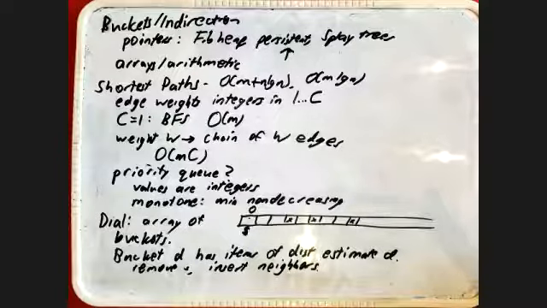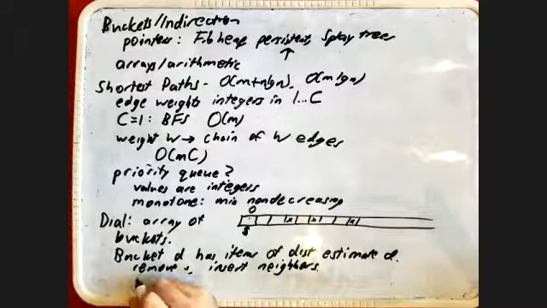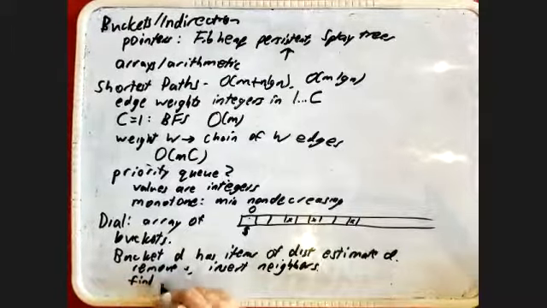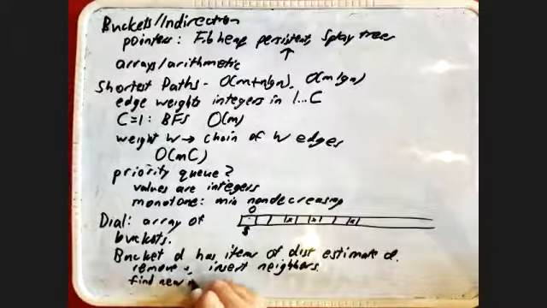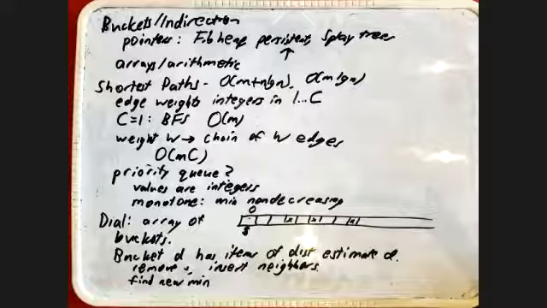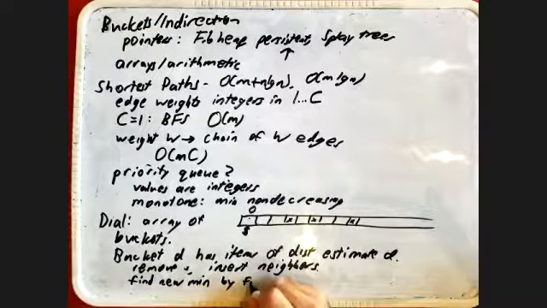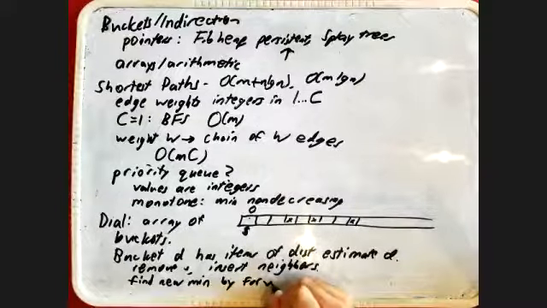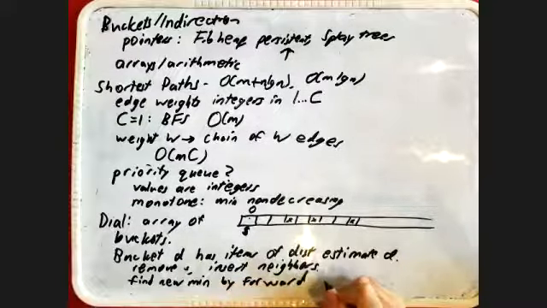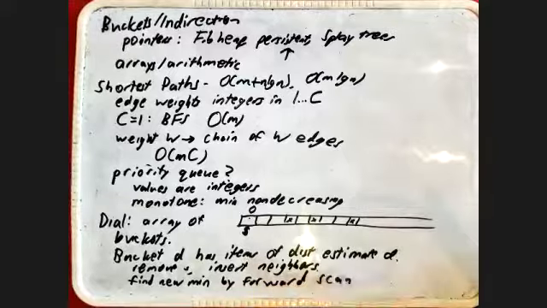We find the minimum. Yeah, I have to find the new min, right? So if my items are stored in buckets in an array, what's the obvious way to find the new min? Keep moving forward until you hit something. Yeah, by a forward scan.